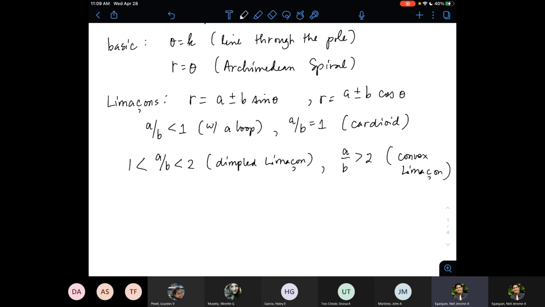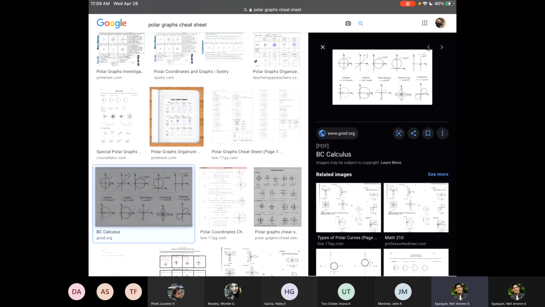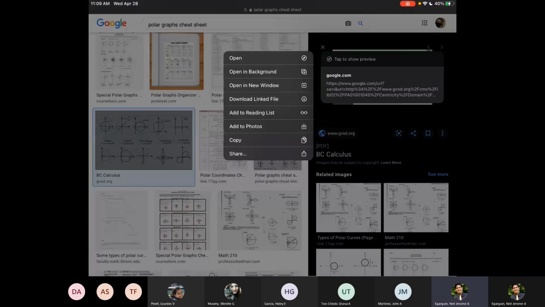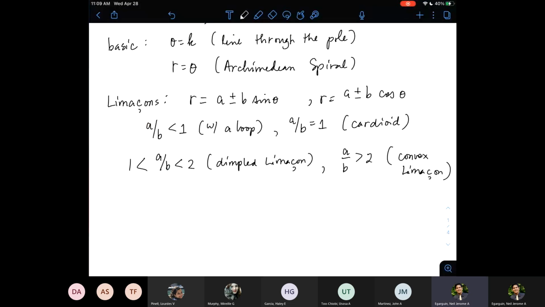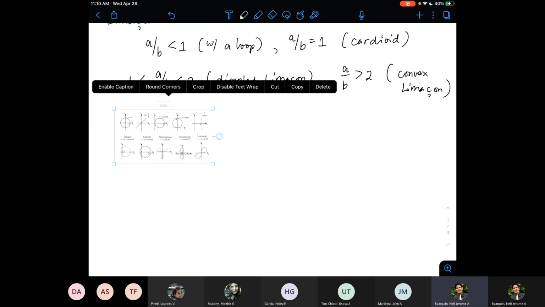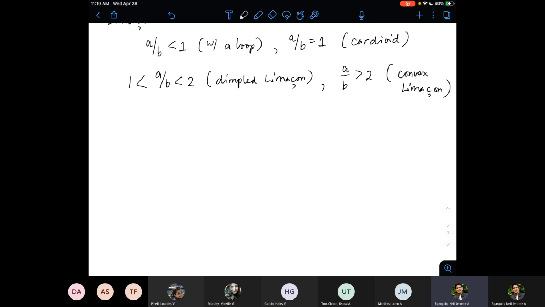Okay. Maybe let me see if I can find a good picture of limaçons here. Let's see if this one's good. All right, probably this will do, but it only has 2 limaçons here.